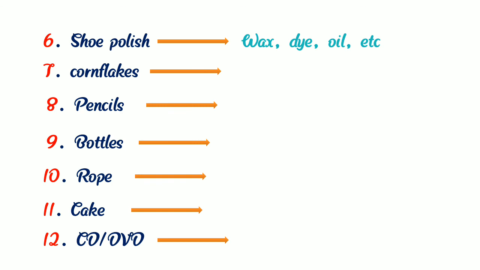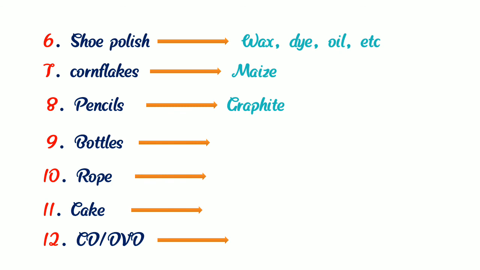Now, number 7, cornflakes. Cornflakes are made from maize. Okay, now number 8, pencil. Which material is used to make a pencil? It's graphite.